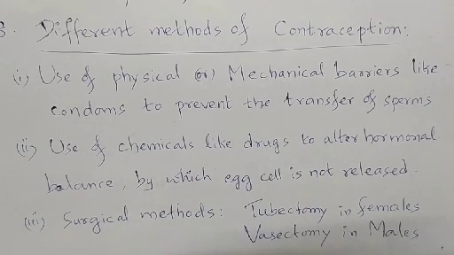So creating a block in fallopian tube in order to prevent the reaching of an egg cell to the uterus is known as tubectomy, which is a permanent contraception method. Generally, the people who don't want to have children, in them the woman will get this tubectomy done. And vasectomy is carried out only in men. So the vas deferens is blocked so that the sperms are not released out, right?